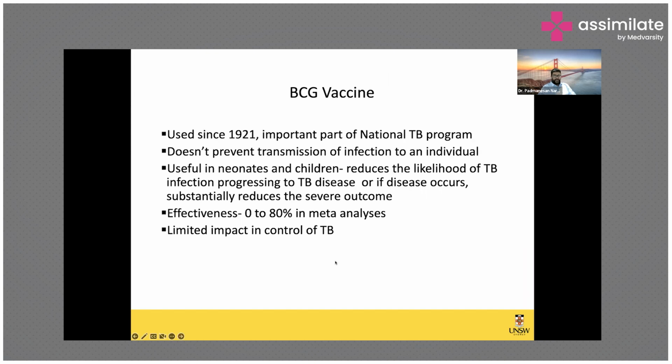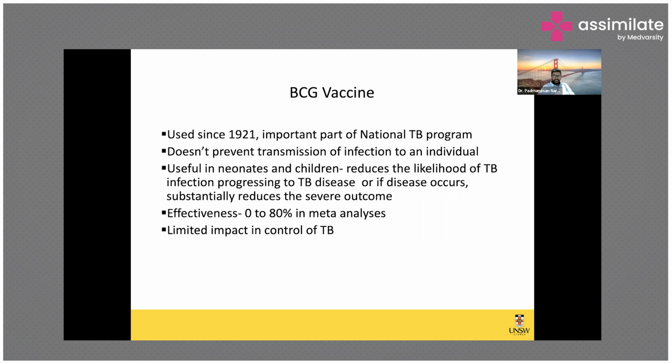We do give vaccines for TB, but you have to know that vaccine's not fully effective, and it only helps in preventing serious forms of disease in young children, especially miliary TB and serious meningeal TBs in young children.